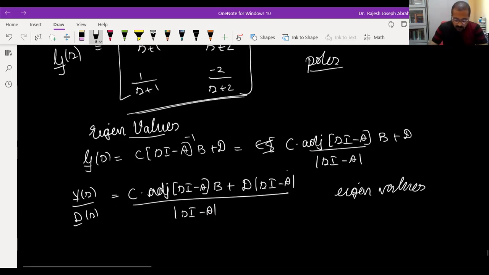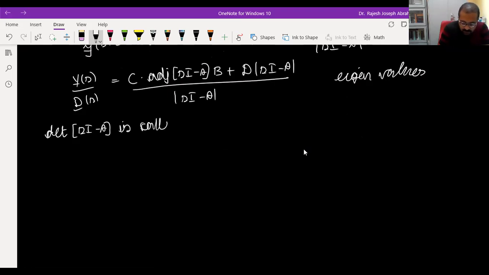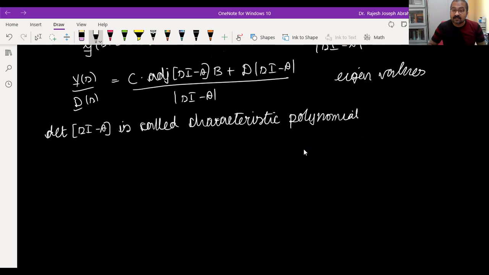So let me write here. Determinant SI minus A is called the characteristic polynomial, and if you set it to 0, you get the characteristic equation.